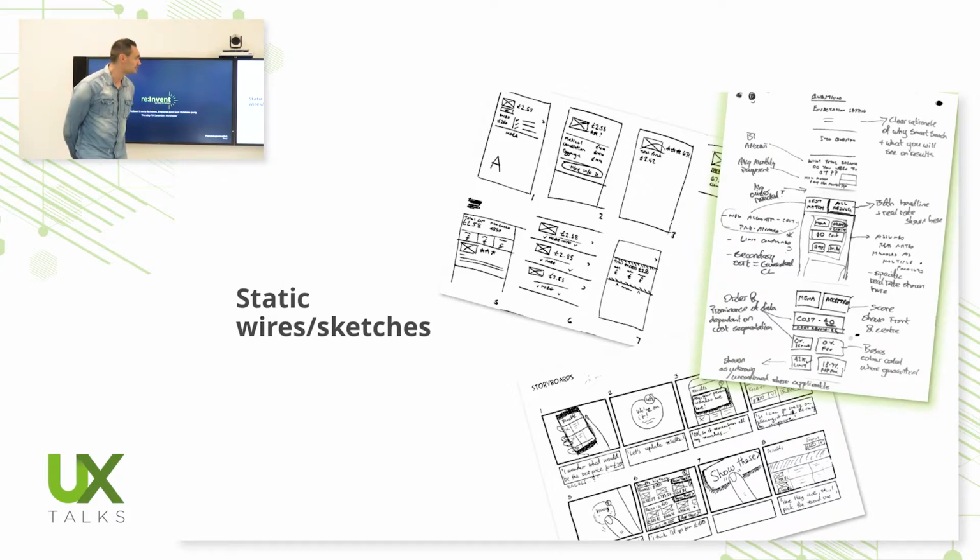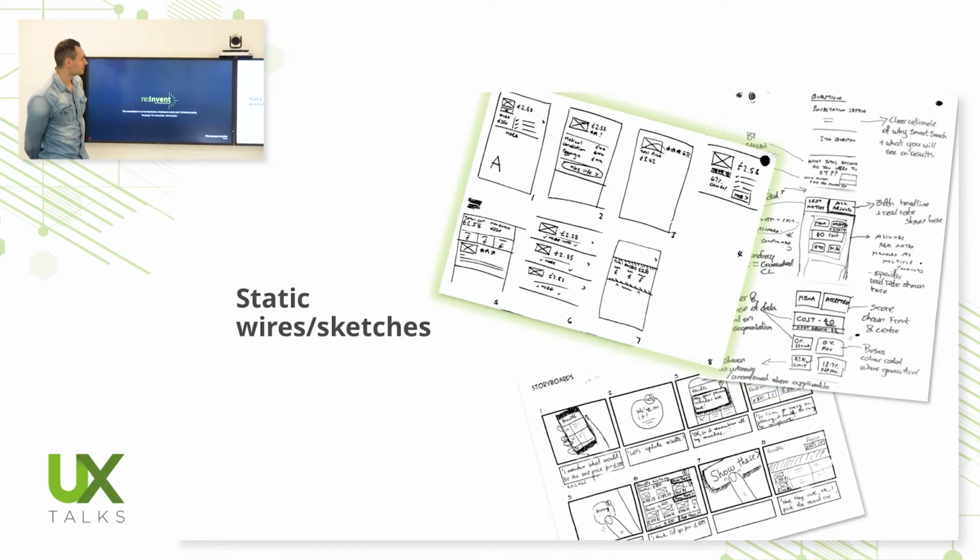On the top right, you can see basically just wiring, sketching down the layout and putting the functionality next to it, just writing it down. The other one, which you might have heard of, is Crazy Eights. This is basically 7 sketches on one paper created in just a matter of minutes. It's also a great tool to share a bulk of ideas during the sprint.